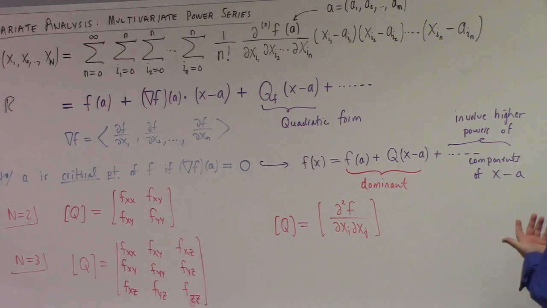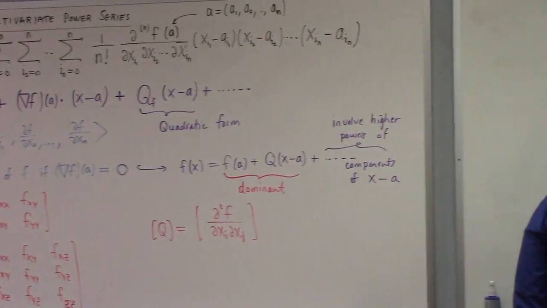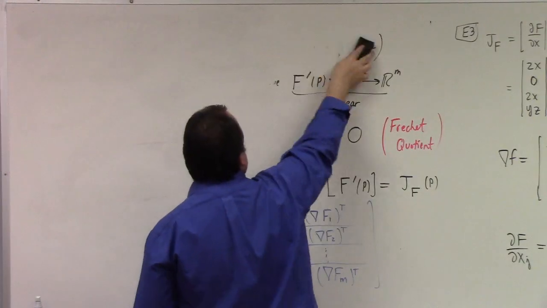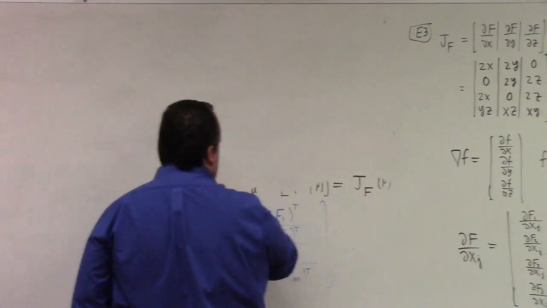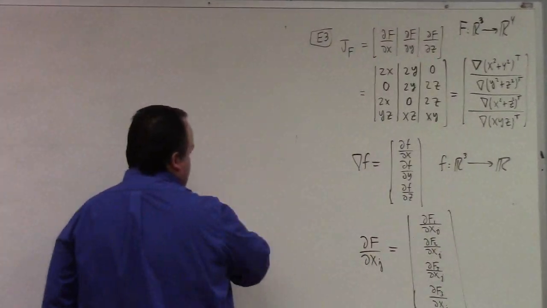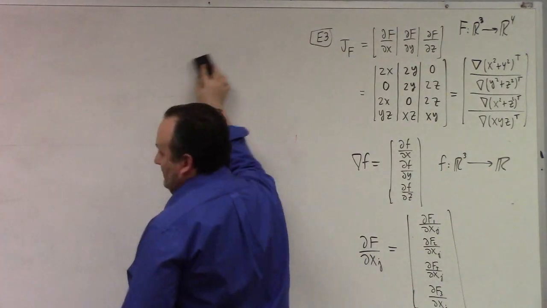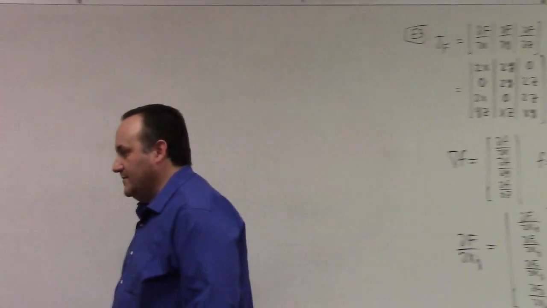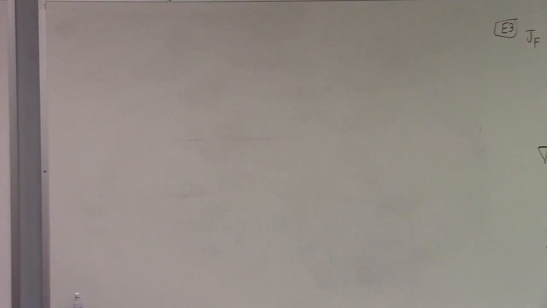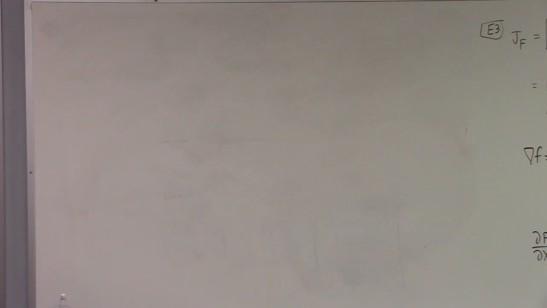Now in Calculus 3, I'm sure you had the second derivative test, yes? Was there a first derivative test in Calculus 3? Search your heart. There was not. Why is there no first derivative test for maxima in Calc 3?